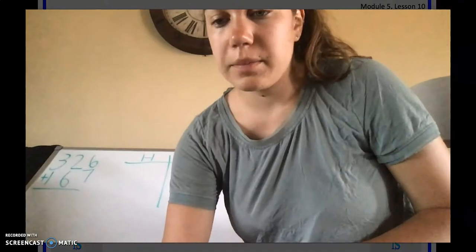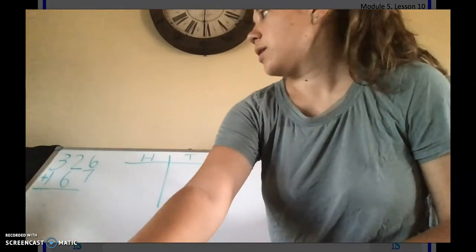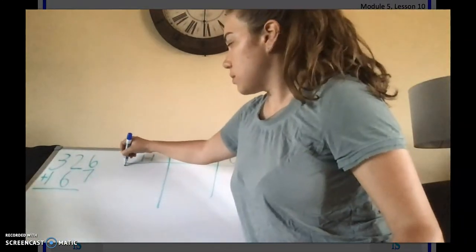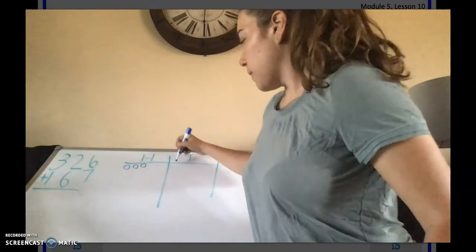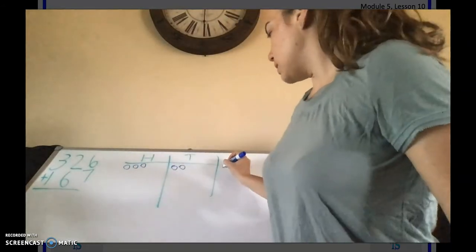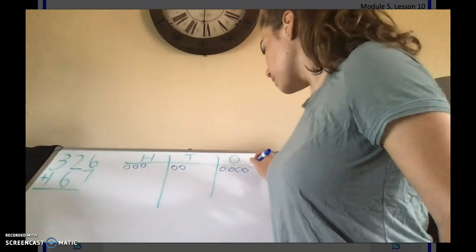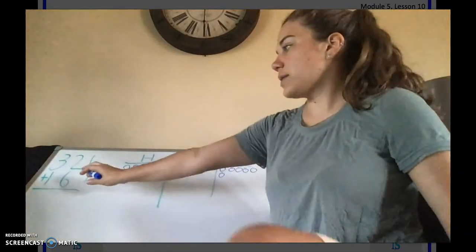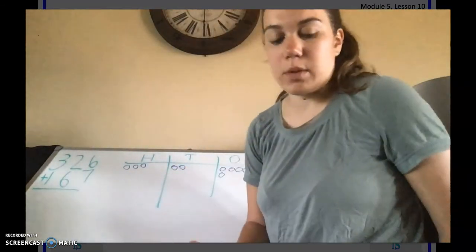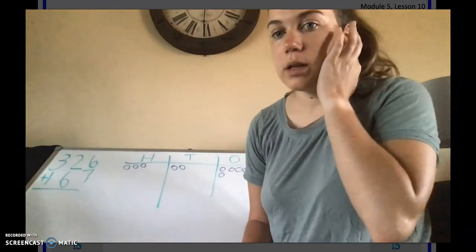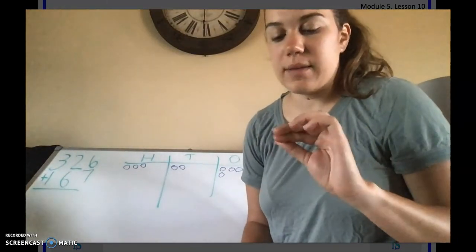And let's get started. So first I'm going to show 300. So it's 3 hundreds, 2 tens, and 6 ones. Now I have to add 167. Remember, always start in the ones column. So we're going to add our 7 ones.